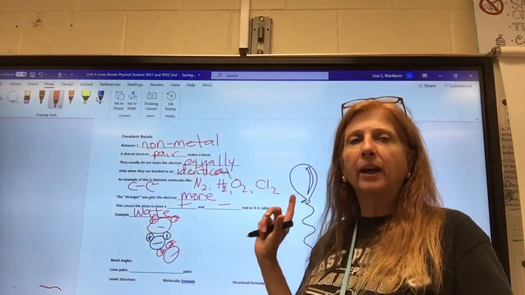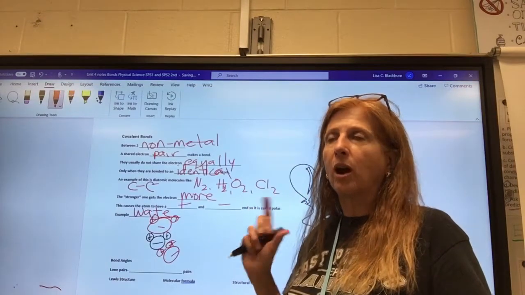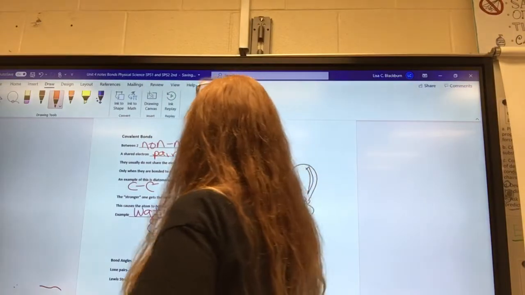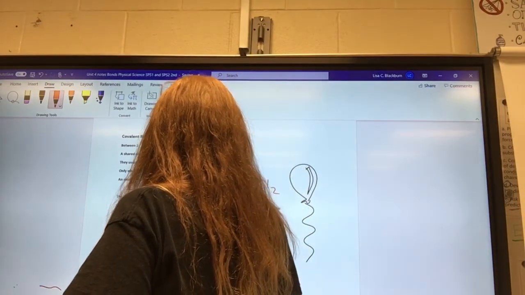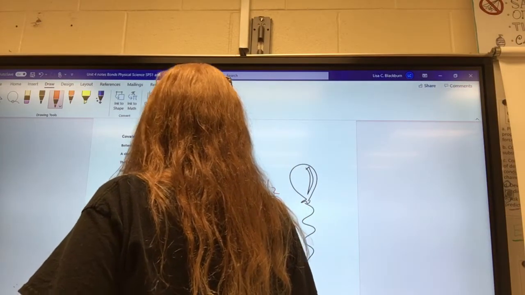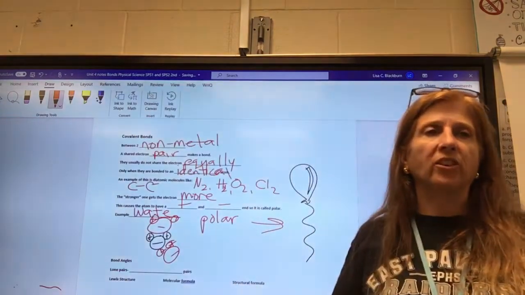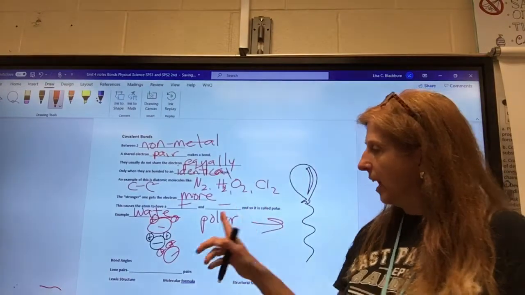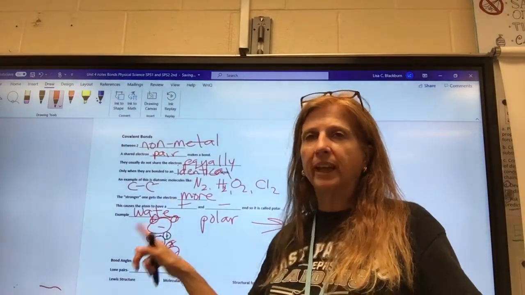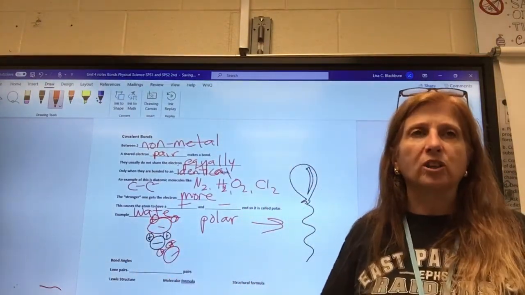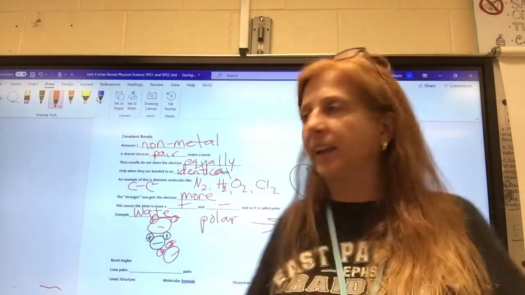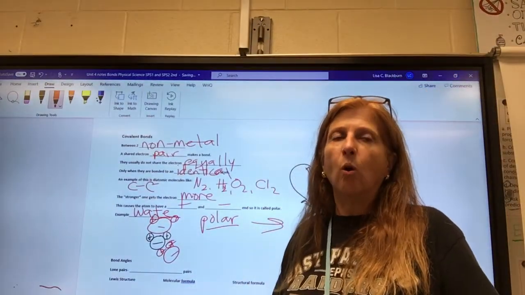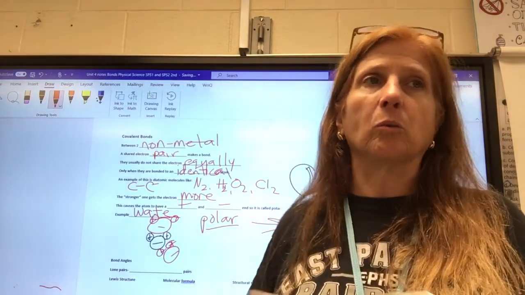When atoms or compounds have a positive end and a negative end, it's called polar. So draw a little, it's just like how the earth has poles, the earth has ends, the atoms put together cause charges, which cause a positive end and a negative end. It's called polar. So water is polar. Oil is non-polar. And we're going to talk more about that.